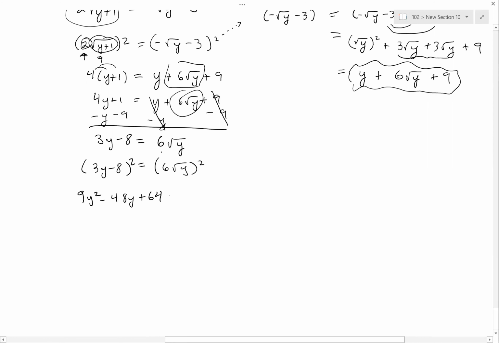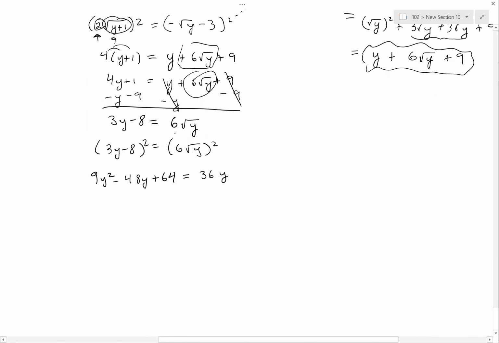On the right-hand side, I'll end up with 36y. Once again, this is going to turn into a factoring problem, just like example 7. So I'm going to subtract that 36y from both sides, making it 0.